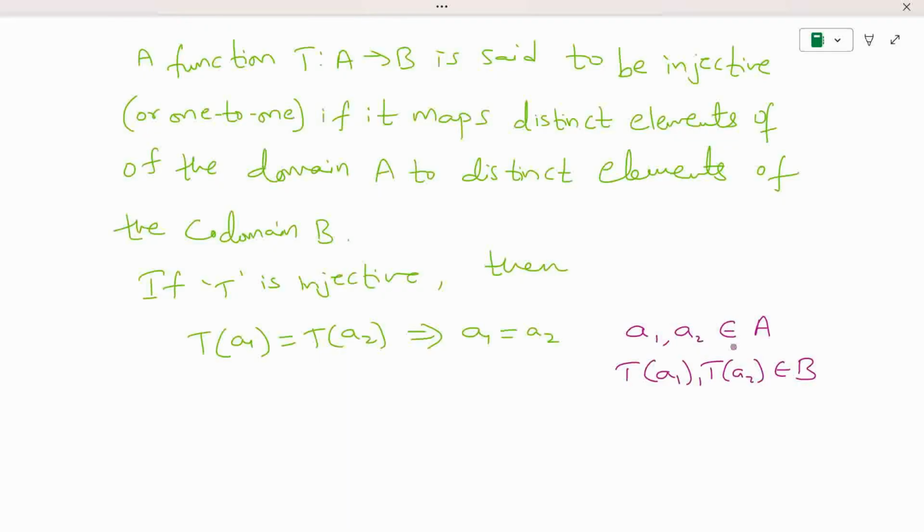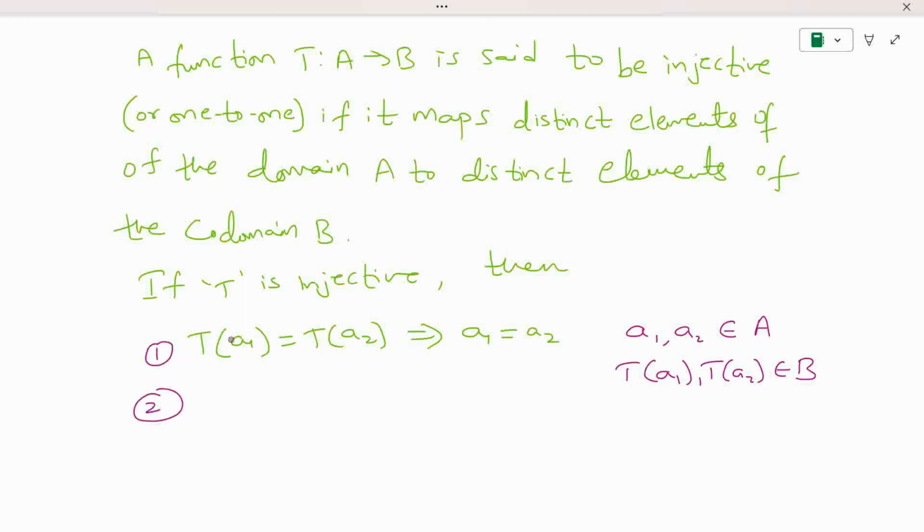When there is a belongs to symbol, that means A1 is an element of set A and A2 is an element of set A, because A1, A2 belongs to A. Similarly here T of A1, T of A2 are also elements of set B. This is the first condition.